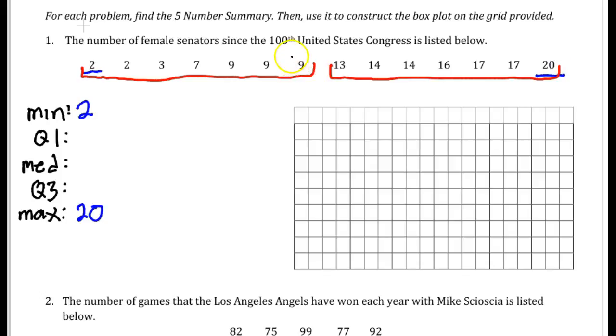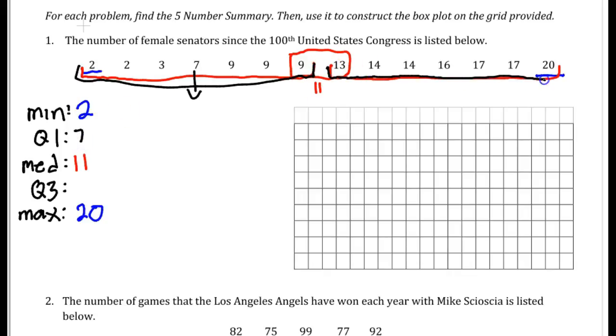So my median is going to be based on these two. The middle of 9 and 13 is 11. Then you can do the median of the first half, the first 7. That's just going to be the middle there, which is 7. And the middle of these is going to be 16.